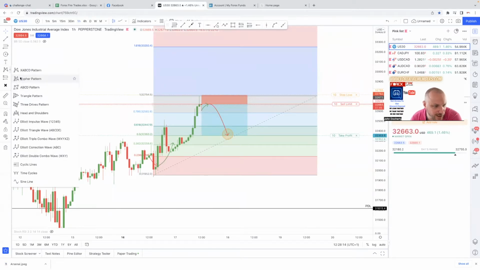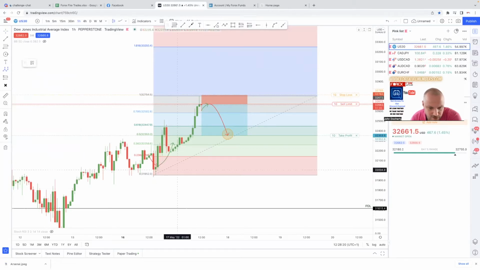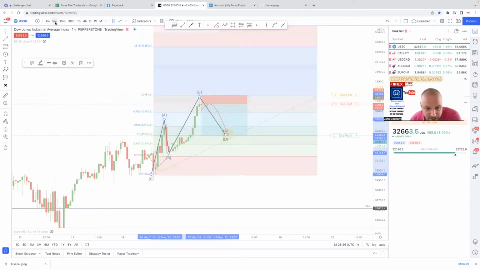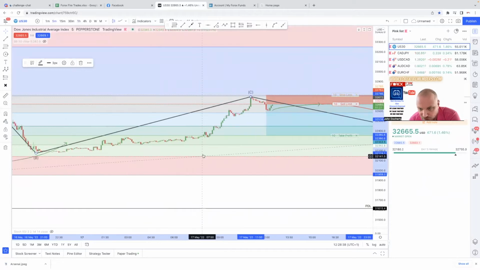So what we're looking at is from here up to here, up to here, up to here, and then down to there, making a higher low, higher low for a continuation. But I drilled it down to a 5 minute, so we get within a chart.